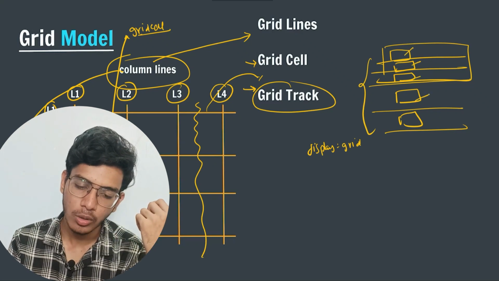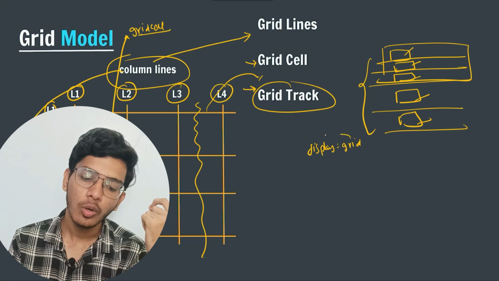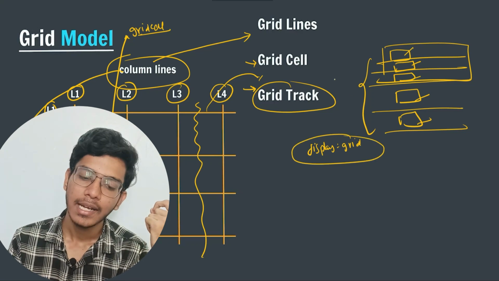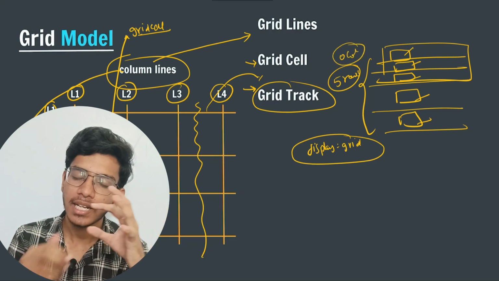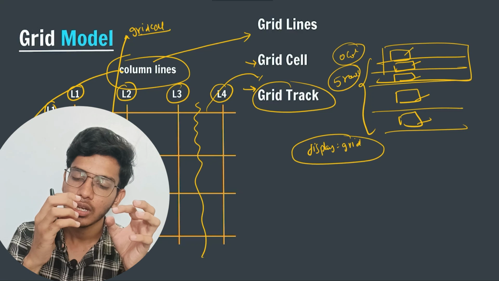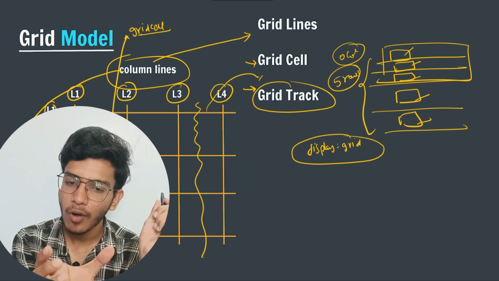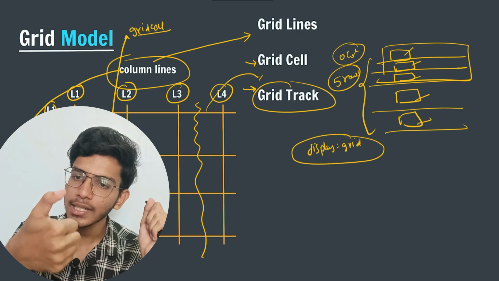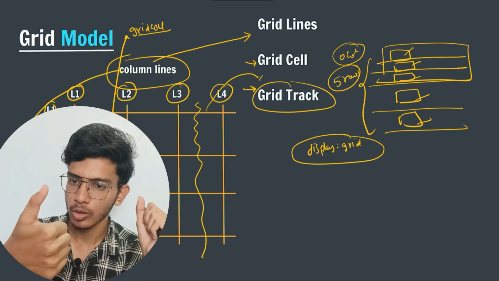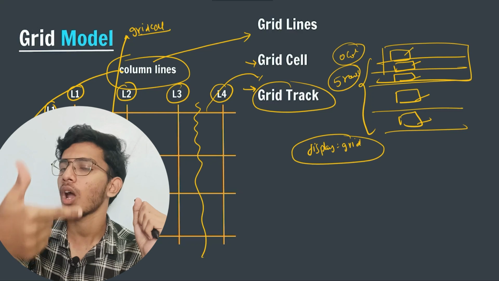First row, second row, third row, fourth row, fifth row. So when I give display grid, it creates 5 rows by default and 0 columns. You need to understand that when you give display grid, the default behavior is that it will create as many rows as there are divs, and 0 columns.